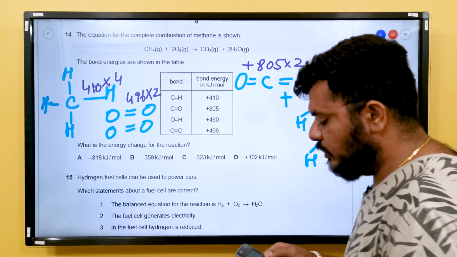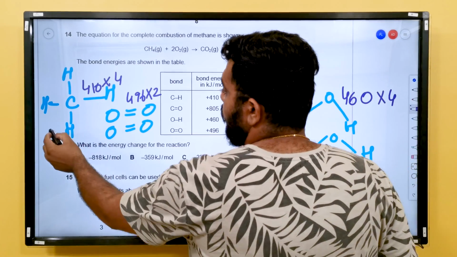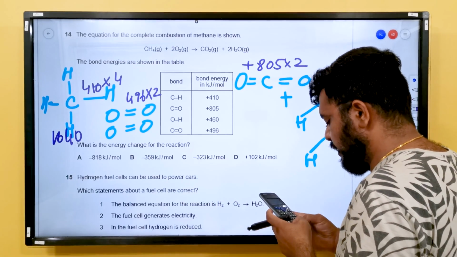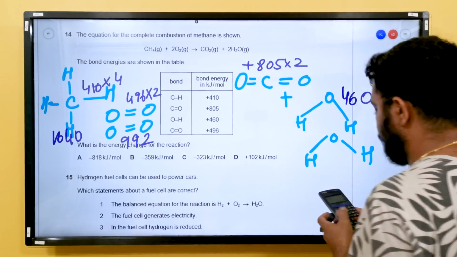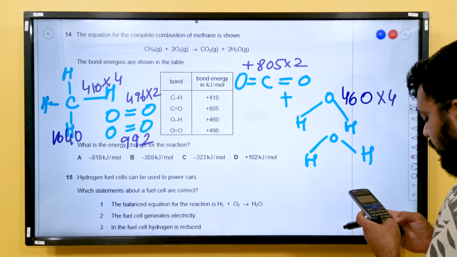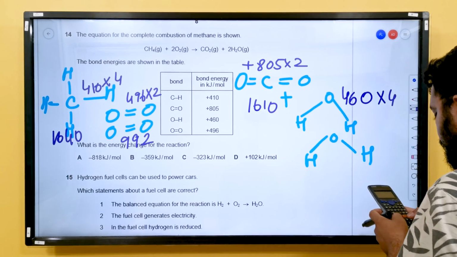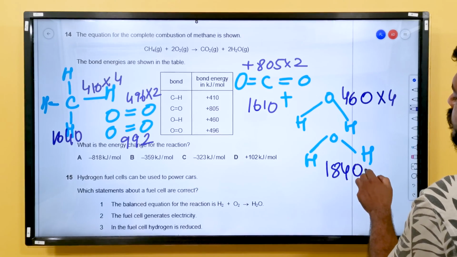Now if you calculate that, 410 into 4 is 1640, then 496 into 2 is 992, 805 into 2 is 1610, and 460 into 4 is 1840.